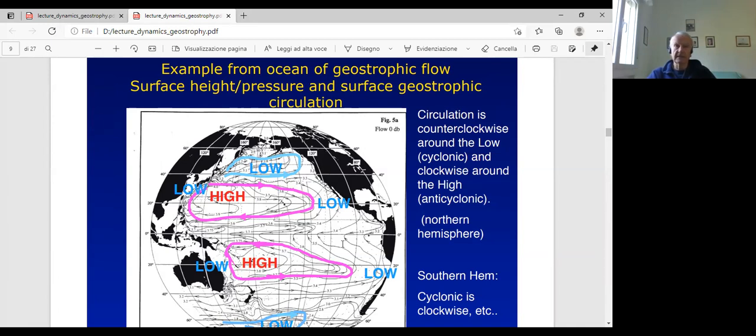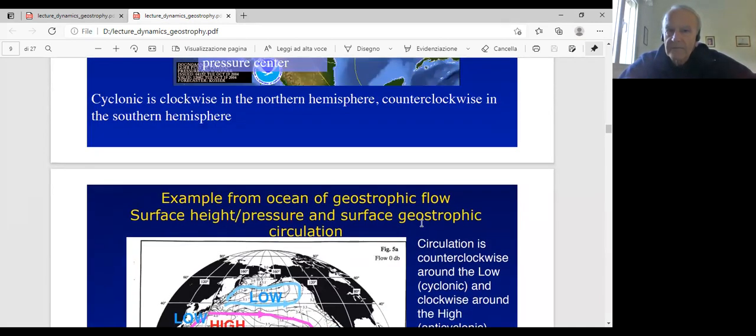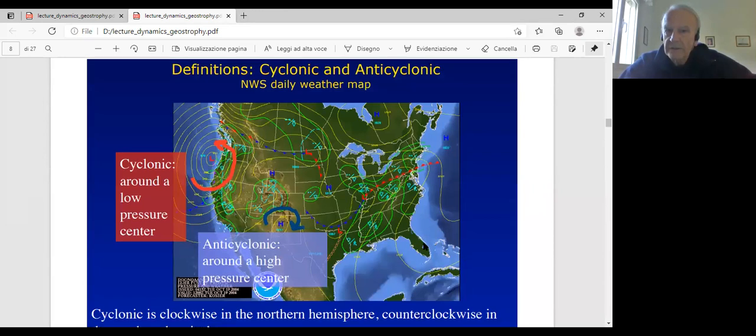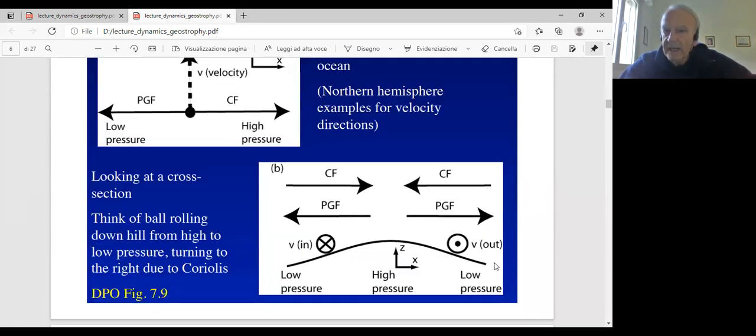Exactly the same thing as in the atmosphere. As you remember from the graph I showed you before, if you have a high, then you will have clockwise flow, and if you have a low, you will have anti-clockwise flow.